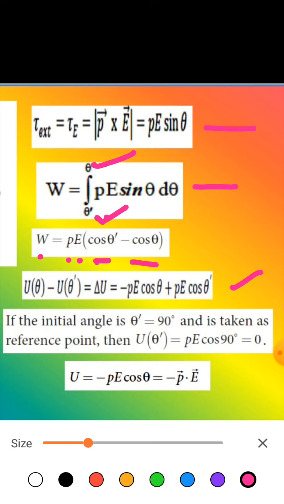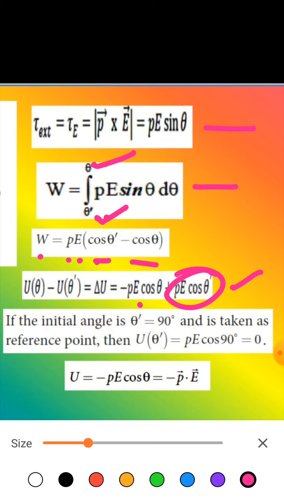If the value of theta dash is equal to 90 degrees, then U of theta dash is P E cos 90. The value of cos 90 is equal to 0. So this term will be equal to 0. So our final equation is U is equal to minus P E cos theta, which is equal to minus P vector dot E vector.